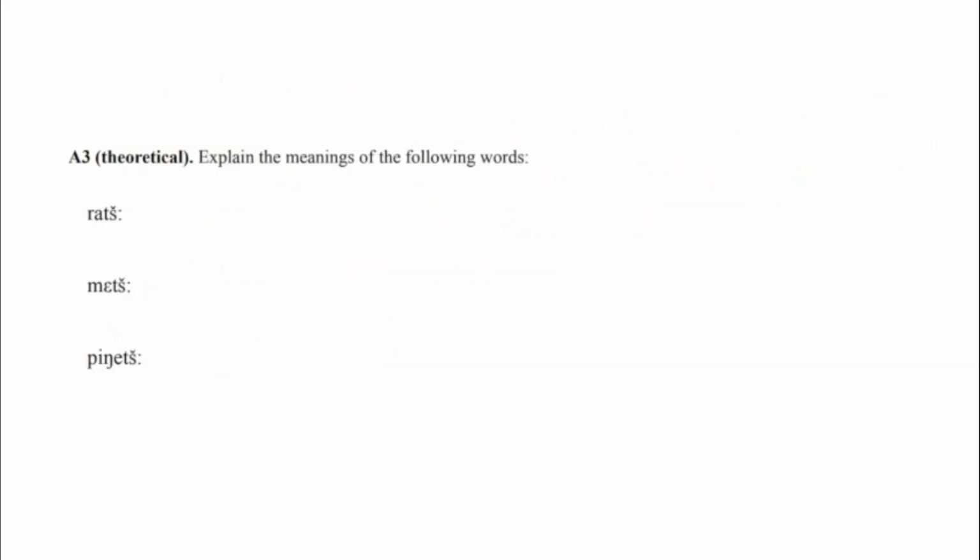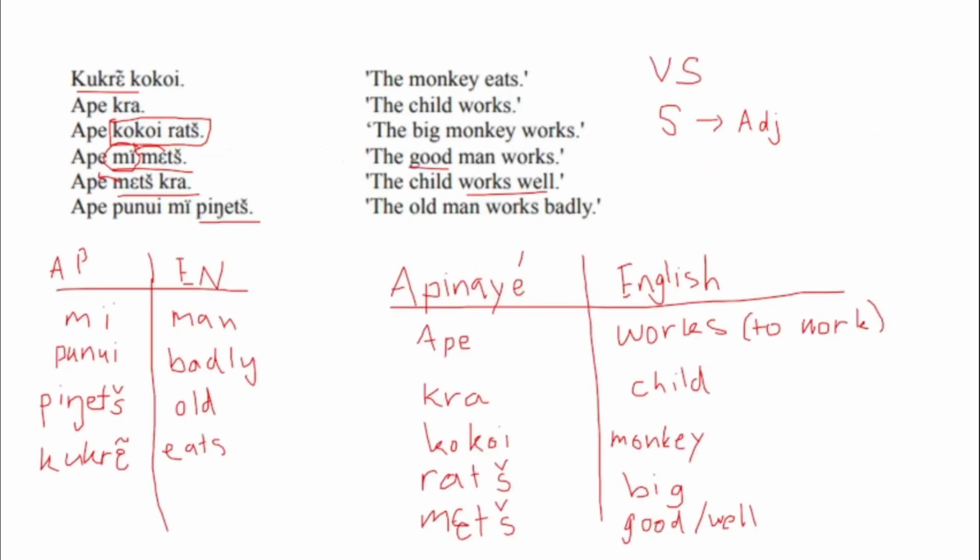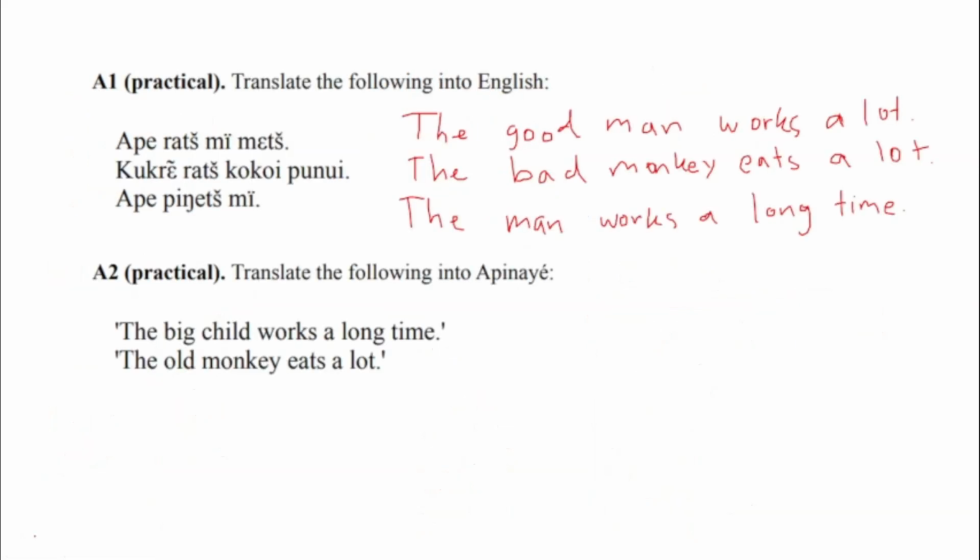Oops. That's skipping to the next question, we don't want to do that. So the child is kra, right? Kra, rach, right? So that's big child, or child big.